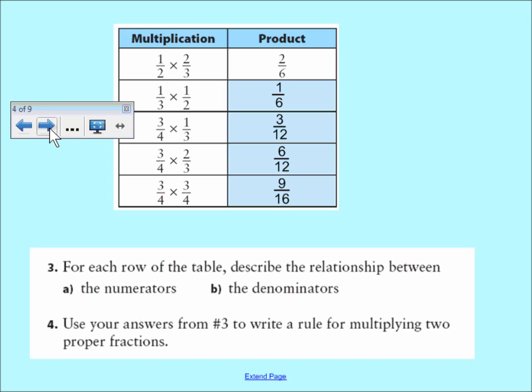For each row of the table, describe the relationship between the numerators and the denominators. So what is a rule that we can come up with for these ones right here? Use your answers for number 3 to write a rule for multiplying two proper fractions. Hopefully you can figure out 1 times 2 equals 2, 2 times 3 equals 6, 1 times 1 equals 1, 3 times 2 equals 6, and so on.